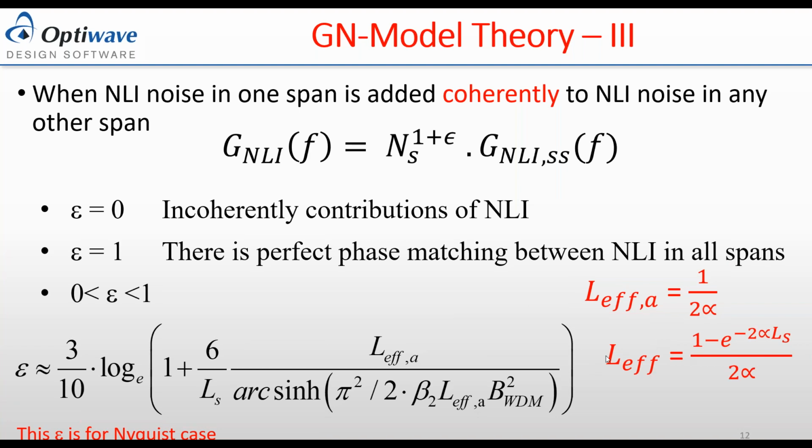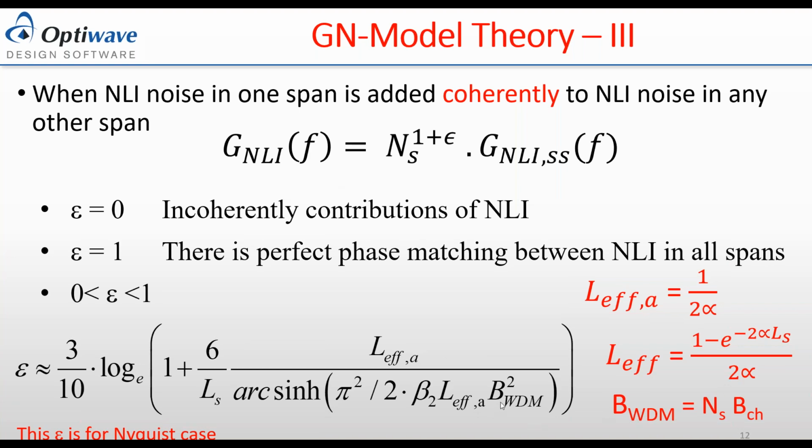We know the effective length is typically given with this equation, (1 minus e to the minus 2 alpha L_s) over 2 alpha. Okay, so in the link, basically we calculate the L effective, we calculate epsilon, we know whether the system with the noise is going to be added coherently or incoherently, and based on that, we will be able to calculate the power spectral density of the transmission link.